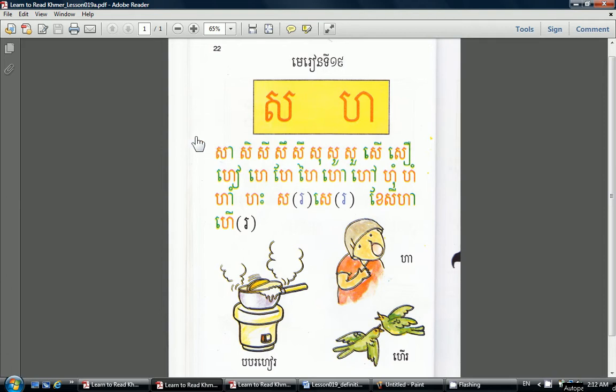Now let's read these words by first saying the consonant, the vowels, and then the words, okay?